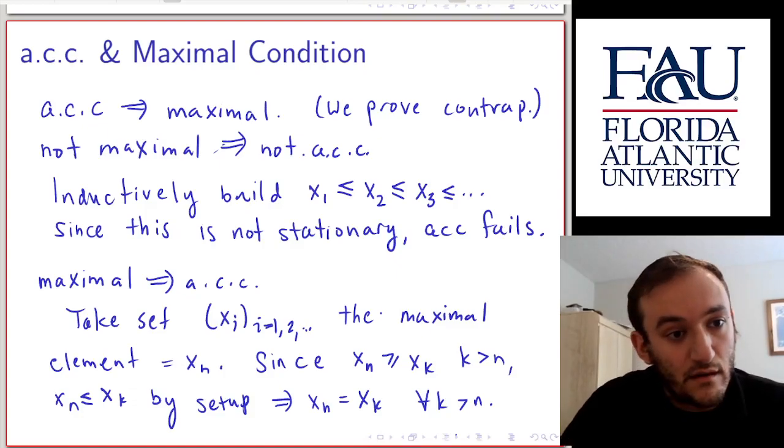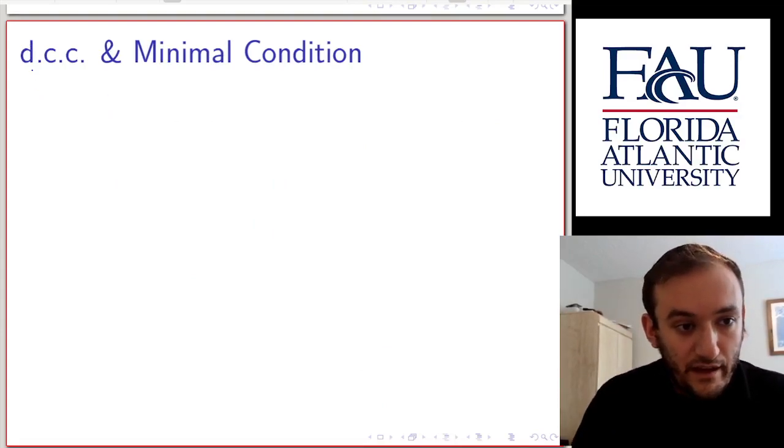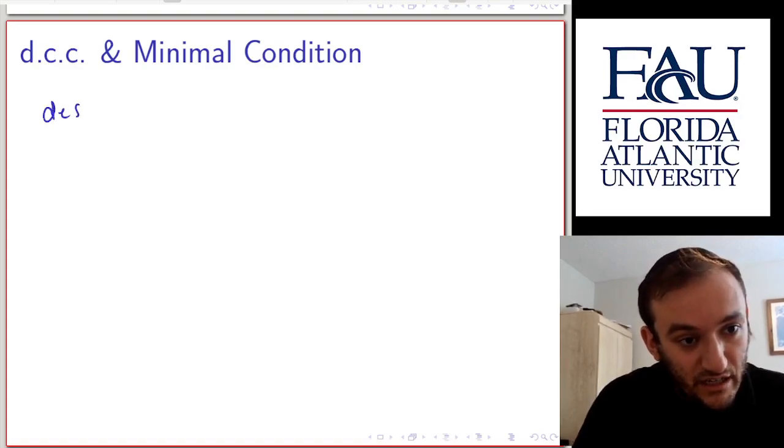Okay, nice. By the same token, just flipping everything around, you'll have the DCC defined. This is the descending chain condition.